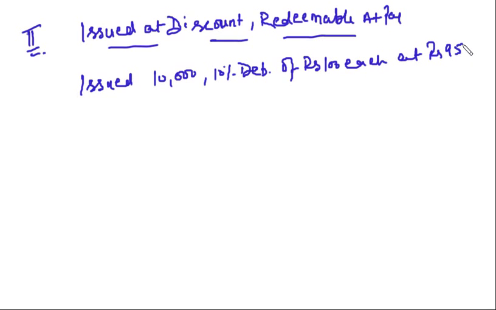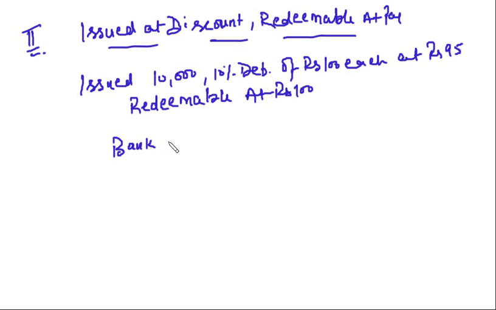That is, at a discount of 5 rupees, you have issued these debentures which are redeemable at par. That is, we will redeem at rupees 100. Clear?